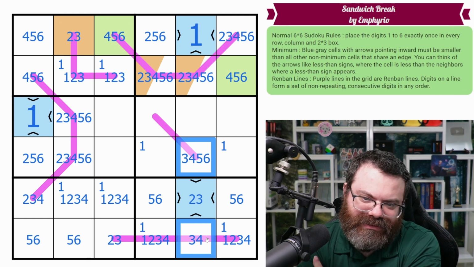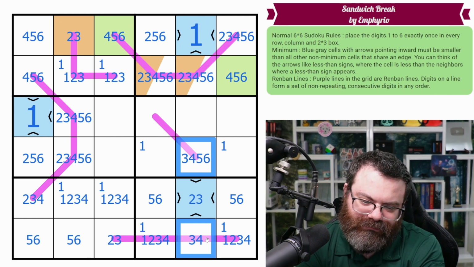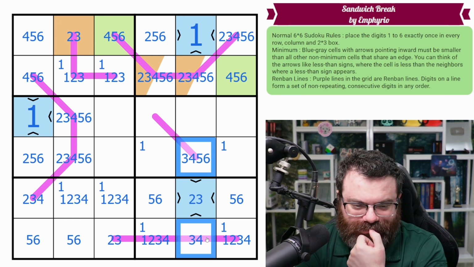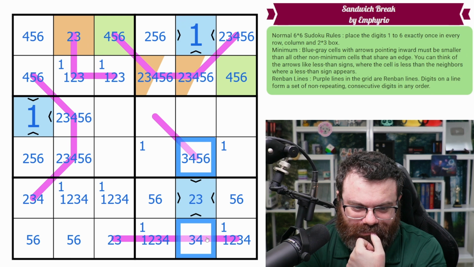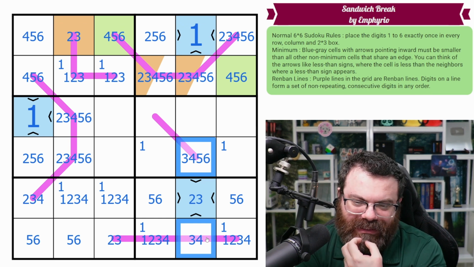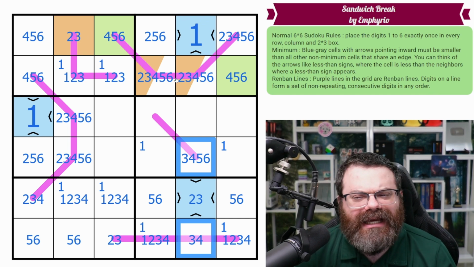I'm not sure that matters. Is there more coloring that I should do? There's something I've proven about 6s, maybe, like forcing a 6 onto one of these Renbans. I don't see how.